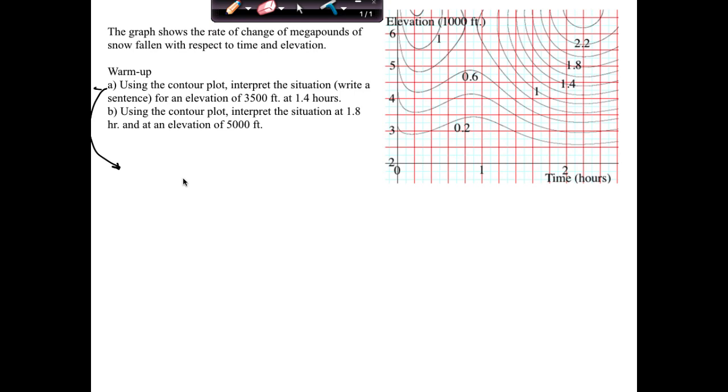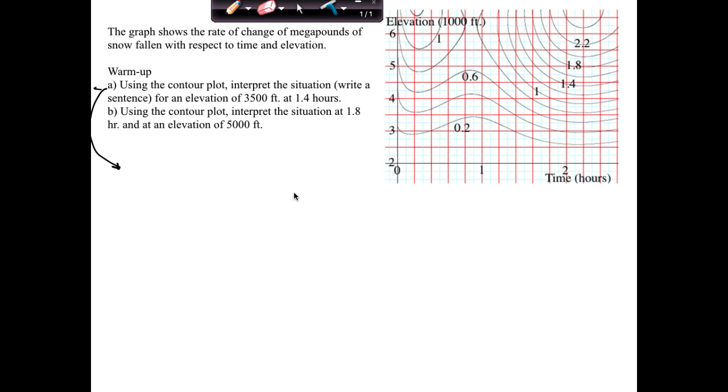So Tony, what do you think? For this first one, for part A, what did you come up with? At an elevation of 3,500 feet, 1.4 hours, the change of Z is positive, and it's also positive as you go higher in elevation.